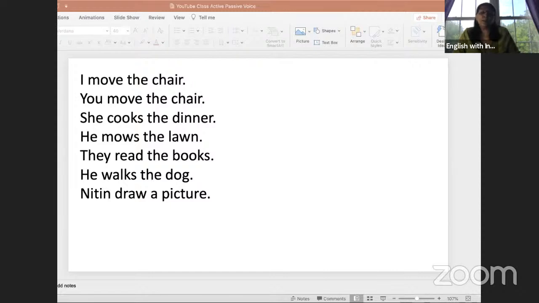If you want to use the active voice, you can use the active voice. But it's your choice. If you want to use the passive voice, you can use the passive voice. But most of the time in our daily life, we use mostly the active voice. We do not say the chair is moved by you. We say you move the chair, or I move the chair, or I cook the dinner, right? Or my sister cooked the dinner, or my mom cooks for us. We mostly use active voice. That's my point.